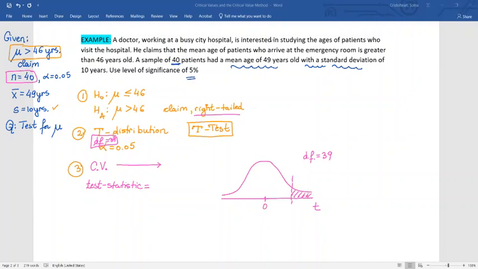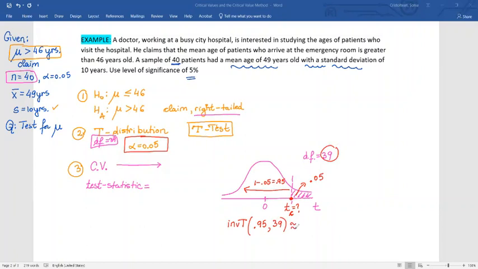And here is what you will need to know. The area in the tail is alpha. So right here, this is 0.05, which means to find this critical value, which is the T, I can call it T alpha or TC, critical value, okay? To find this value, I'll be using inverse T, area to the left, which in this case will be 1 minus 0.05, which is 0.95, and the degrees of freedom, 39.